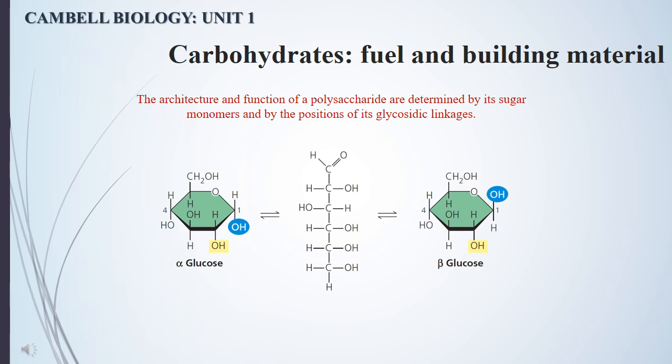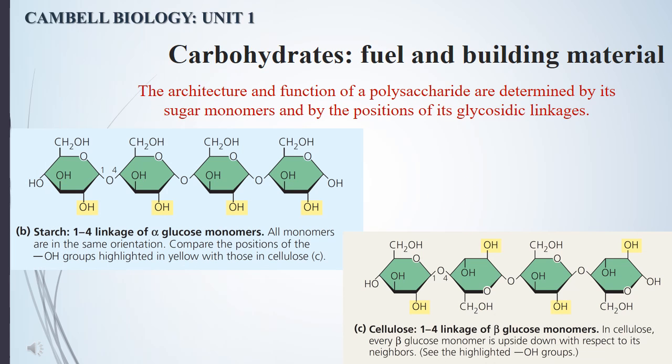And as you can imagine, depending on which conformation the sugar is in, the glycosidic linkage with that C1 will result in a slightly different conformation of a polysaccharide. So here we have examples of linkage of alpha glucose and beta glucose.